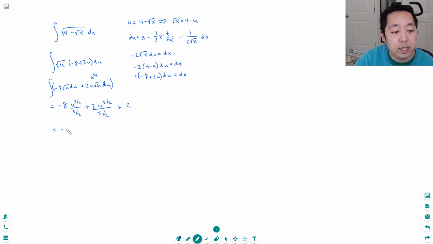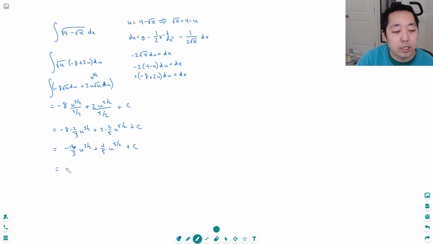So this becomes negative 8 times 2/3 u to the 3/2 plus 2 times 2/5 u to the 5/2 plus c. This becomes negative 16 over 3 u to the 3/2 plus 4/5 u to the 5/2 plus c.